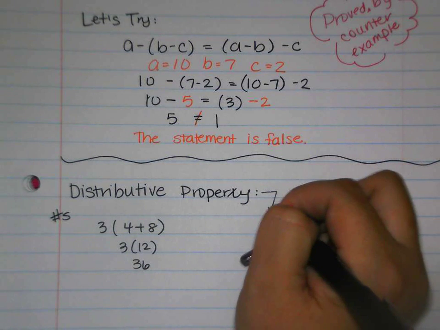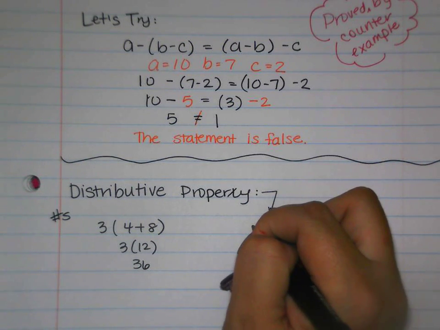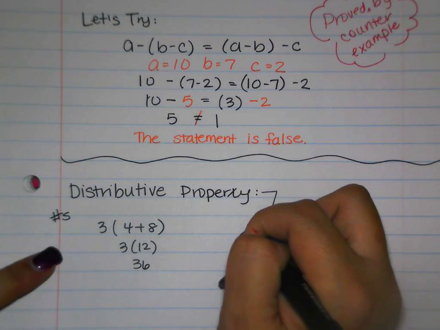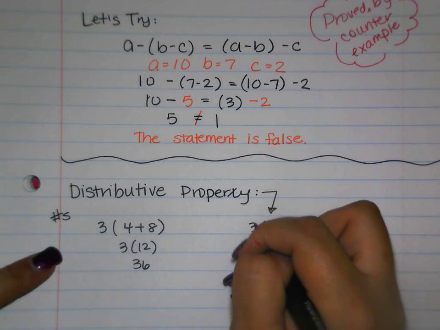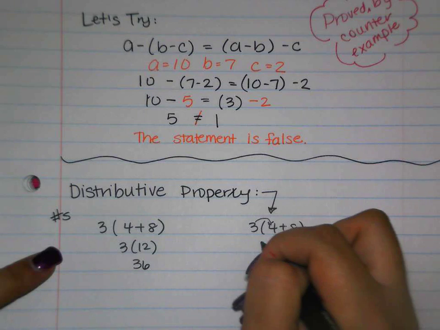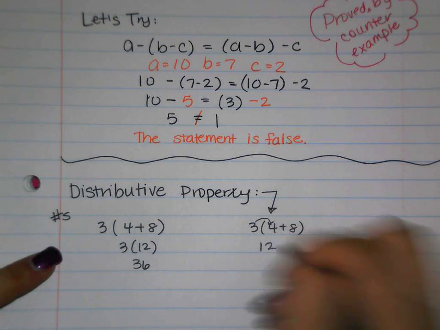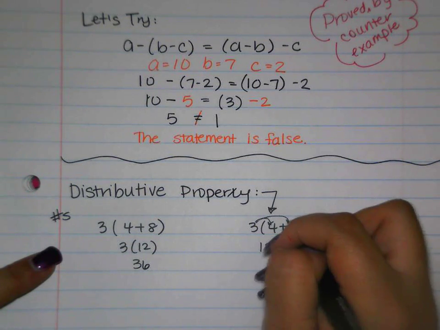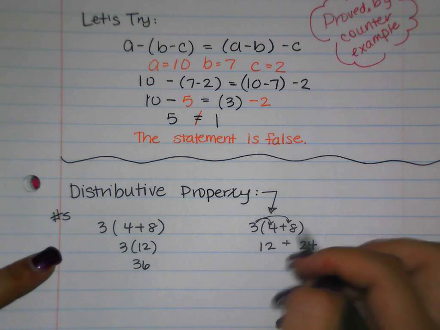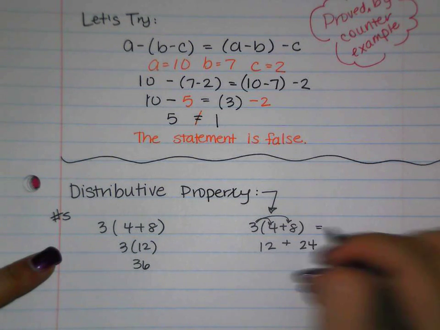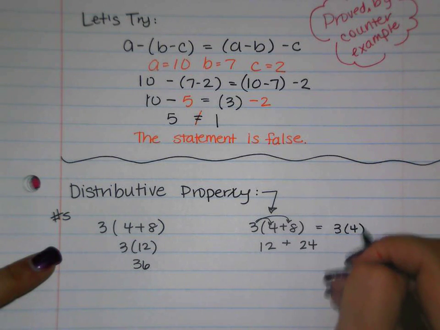So let's solve this using the distributive property. I could say that 3 times 4 plus 8 is 3 times 4, which is 12, plus 3 times 8, which is 24. Okay, let's put in all the steps.